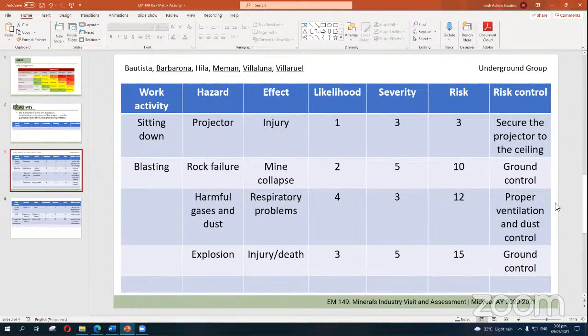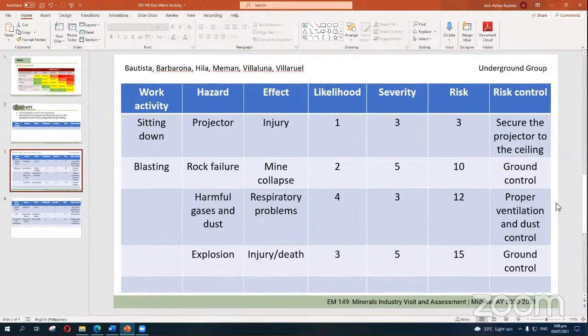So, you had rock failure, mine collapse, or siguro you could localize kahit yung slope collapse, for example. But of course, itong mga sinulat ninyo would be quite different for different underground mining methods, right?